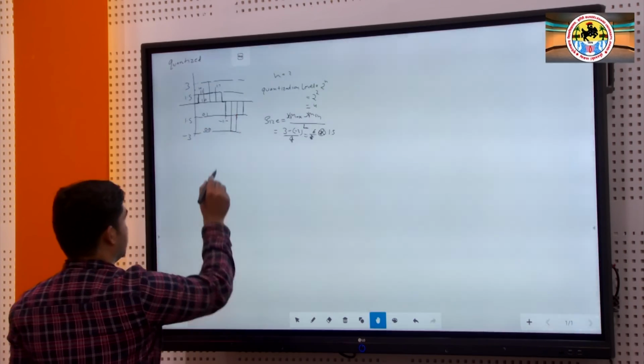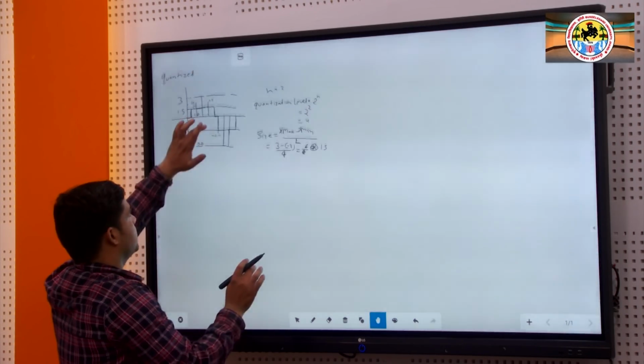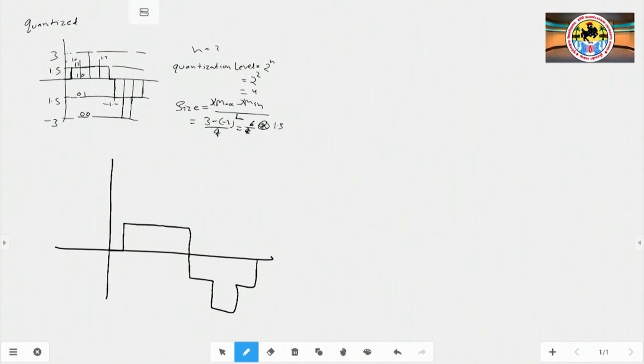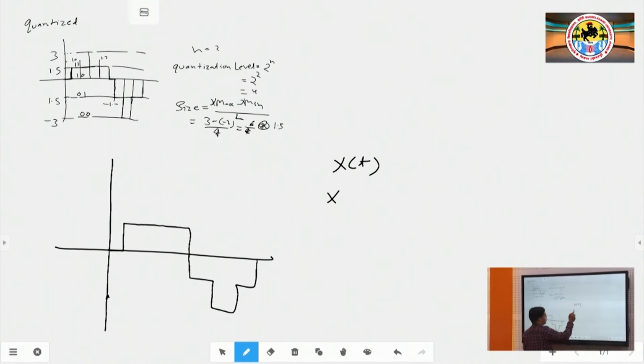So this is the resultant quantized signal. x of t is the signal and x q of t is the quantized signal.